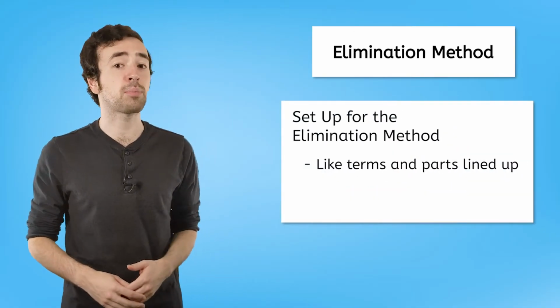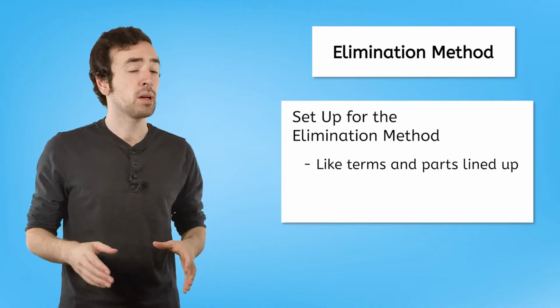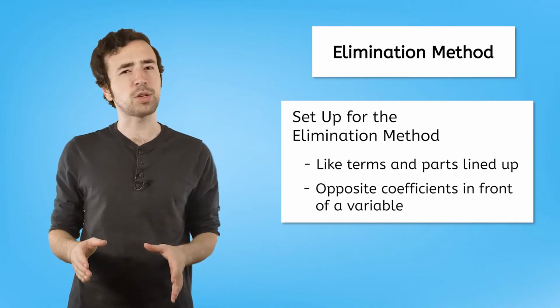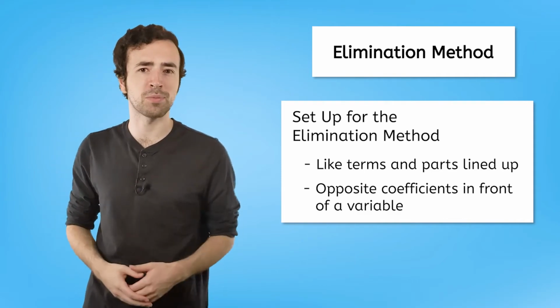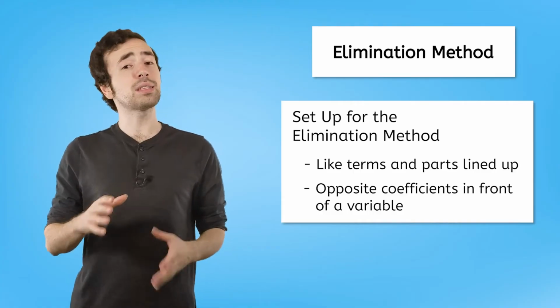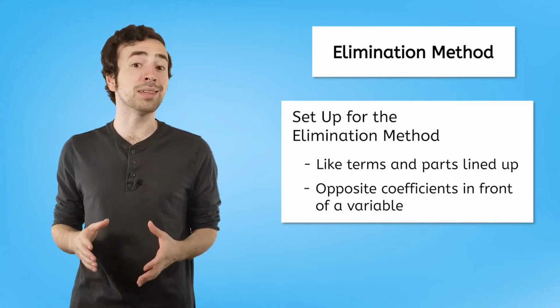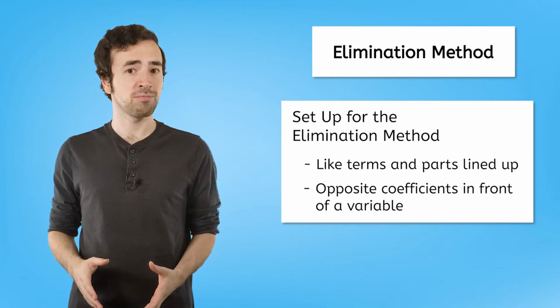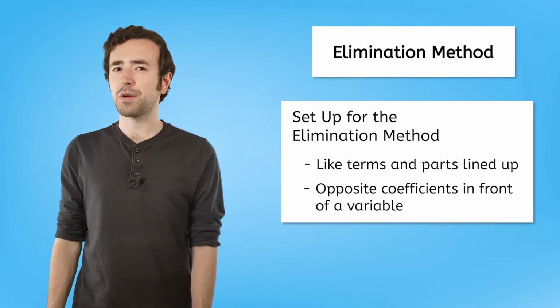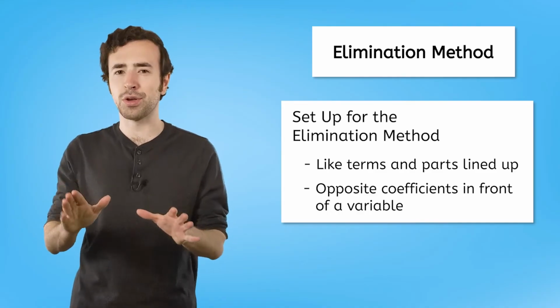Having the like terms and parts of the equations lined up, along with opposite coefficients in front of one of the variables, are the keys to being able to use the elimination method. And if any of these requirements aren't fulfilled, we have these skills to manipulate the equations and get them ready ourselves. All right, now that we know about the setup needed for the elimination method, I think we're ready. Let me officially show you how to use it.